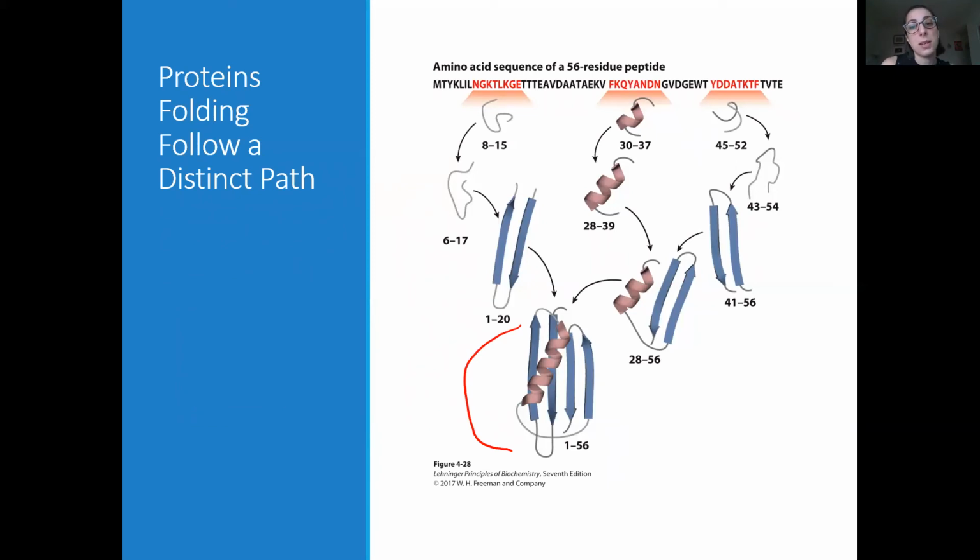They go through a sequence in which smaller areas are first folded, things like small units of alpha helices, one or two beta sheets. These then maybe interact with each other. And through these steps, they finalize their particular folding motif of these alpha beta sheets that are then linked together.